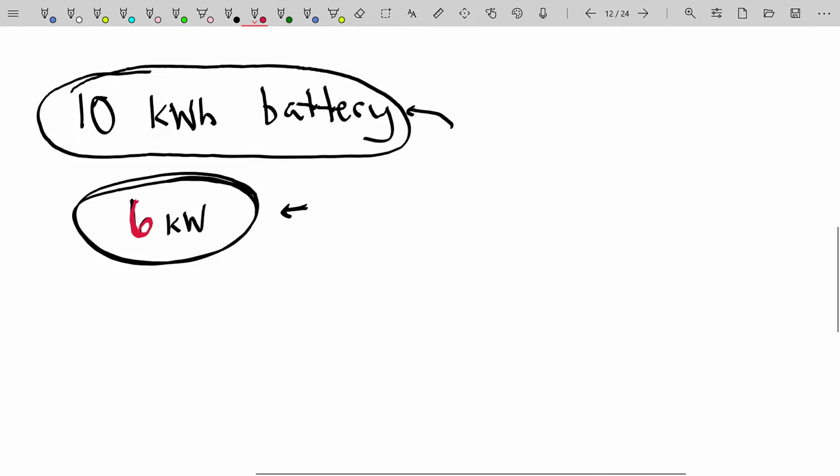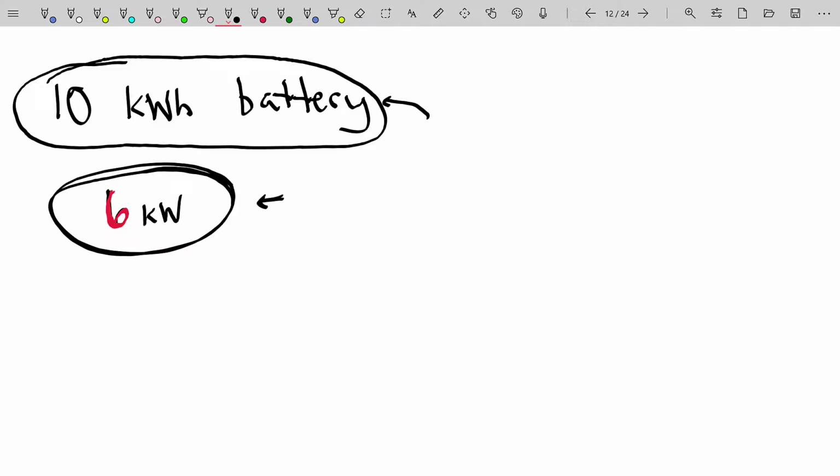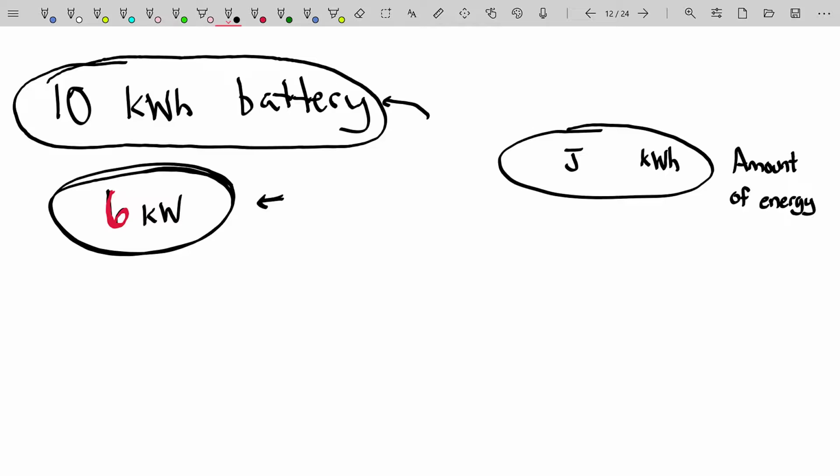In the long run, we really have two basic units of energy, the joule or the kilowatt hour. And the kilowatt hour, sometimes we would divide that by 1,000 and call it the watt hour. It just depends on the size of the units we're associating with whatever we're talking about. So that is an amount of energy either available or used. And the watt or the kilowatt, well, that's a rate of energy consumption.